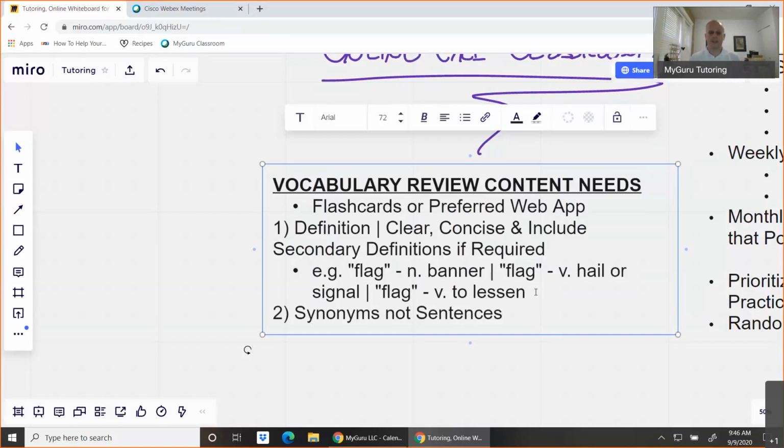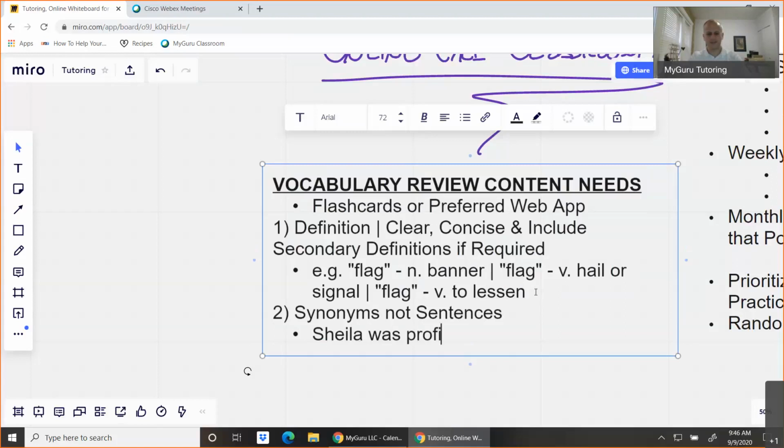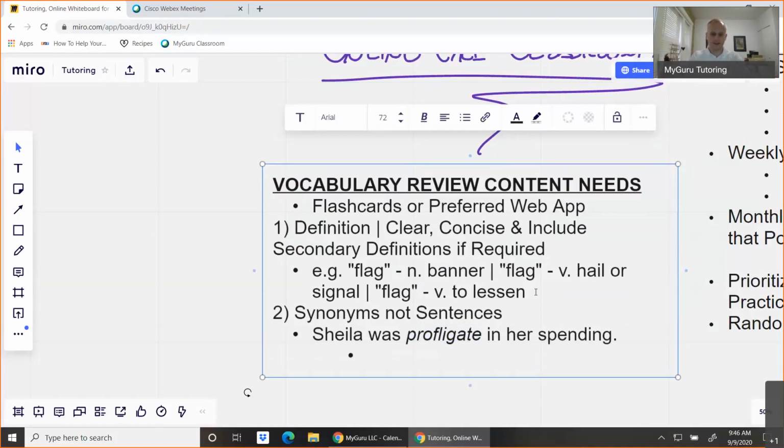It's going to be difficult to use sentences, because if I just said something like Sheila was profligate in her spending, and we're trying to figure out the term profligate here, that doesn't give me any context. If I just remember that Sheila was profligate in her spending, it tells me that profligate can refer to spending, but we don't know how.